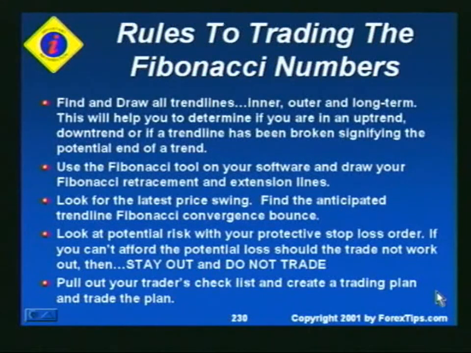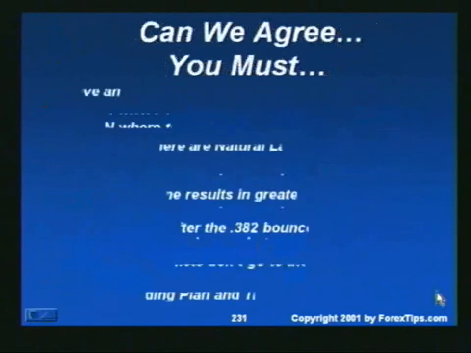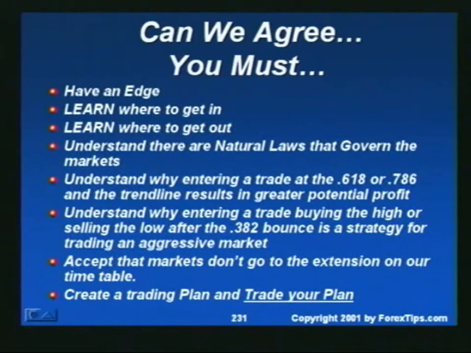Now, here's the rules to trading the Fibonacci numbers. Let's all agree. If you're going to trade in the market, you've got to have an edge. You've got to educate yourself so that you know where to get in, you know where to get out, and you need to understand the why behind it.